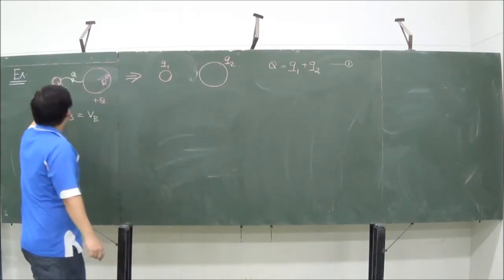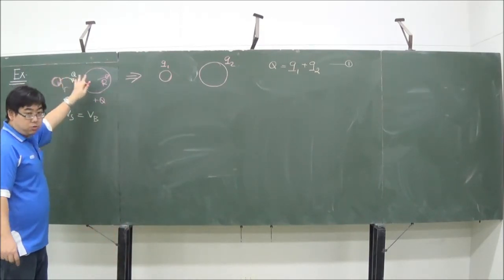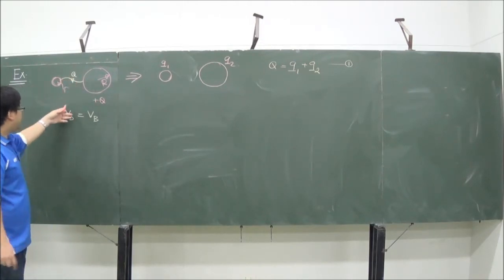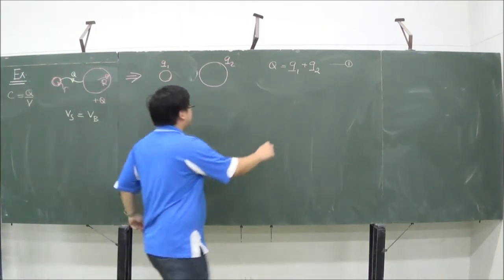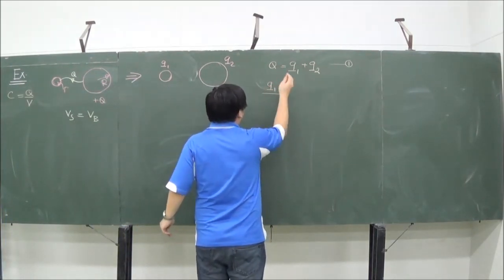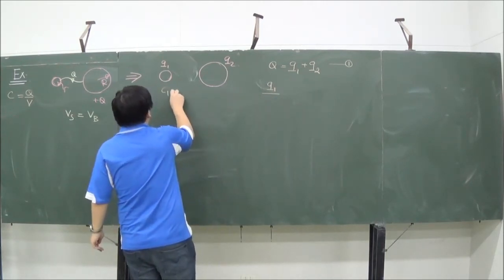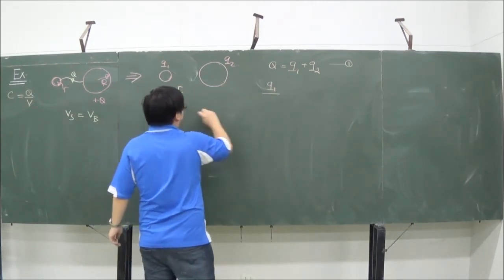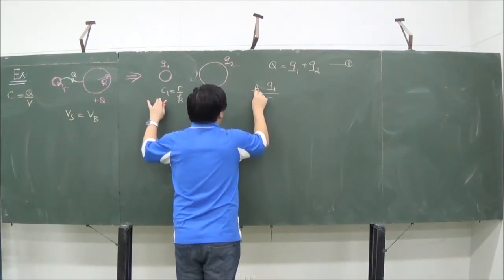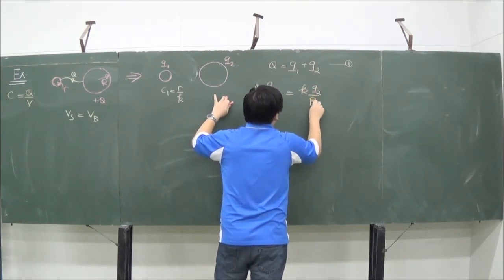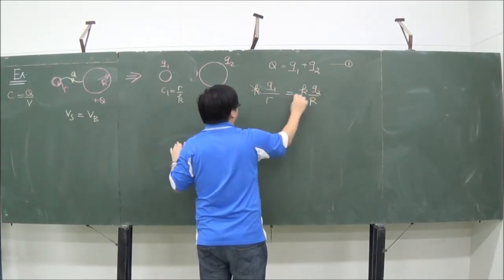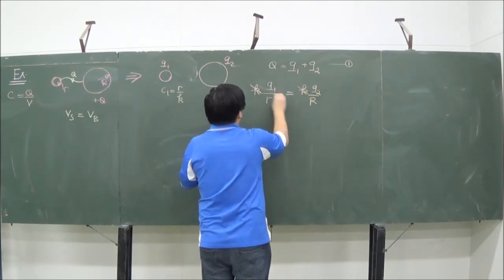We know that the potential on the surface of these two spheres must be the same, so Vs equal to Vb, and the definition of the capacitance C is Q over V, so we know that V is Q over C. So I've got Q1 over C1, and C1 here is small r over K, so I've got Q1 times K over r equal to K Q2 divided by big R. And you see that this K cancels.